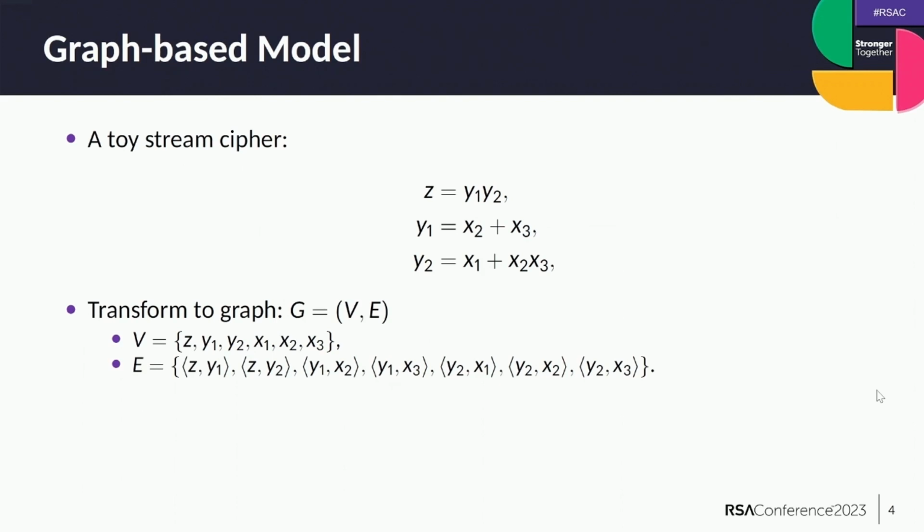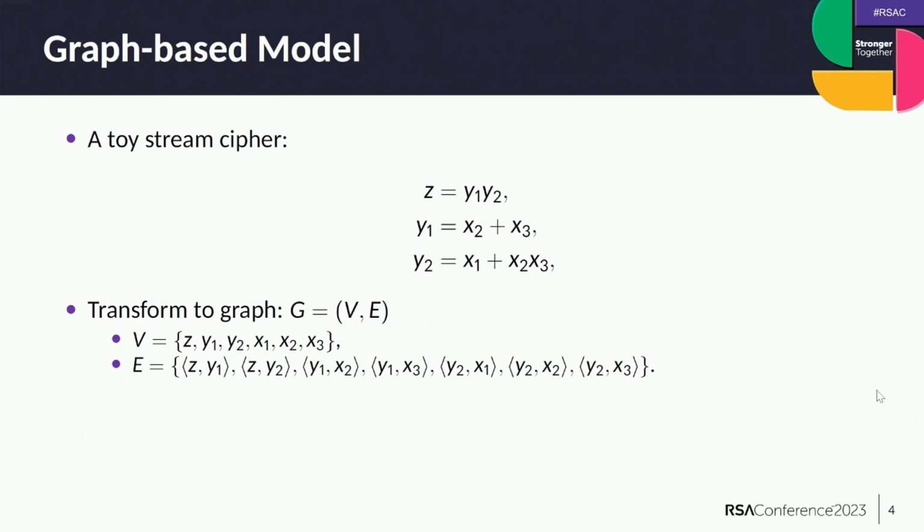Now I will explain the cube attack based on graph model through a simple stream cipher. Here, z is equal to y1 multiplied by y2. y1 is equal to x2 plus x3. y2 is equal to x1 plus x2 multiplied by x3.